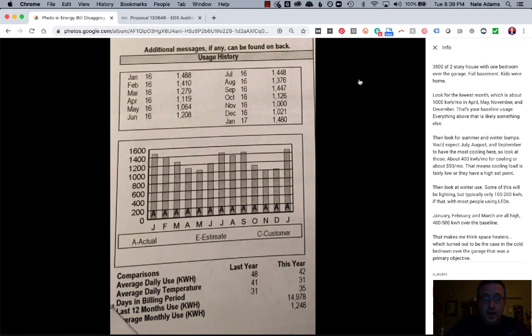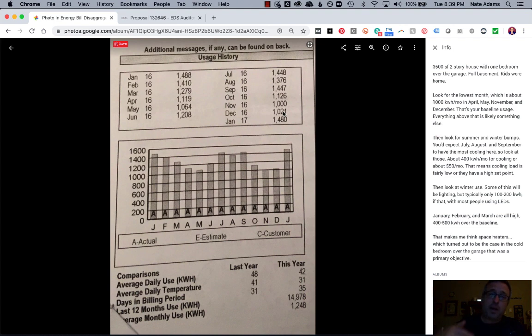So when you're looking at a bill, the first thing you want to look for is the lowest month. So this is kilowatt hours per month. This is an electric bill, and I zoomed in enough so you can't tell the address and so forth. But note that April's 1100, May is a little under 1100, October's 1100, November's 1000, December's 1000.